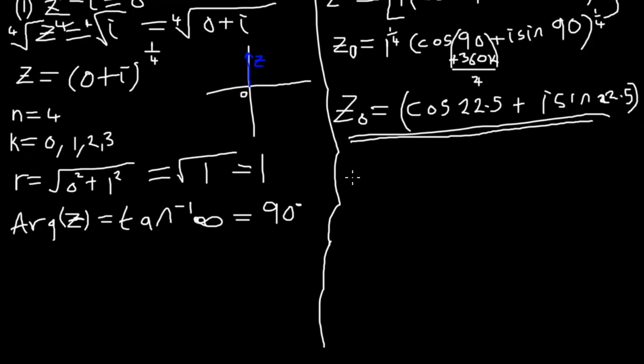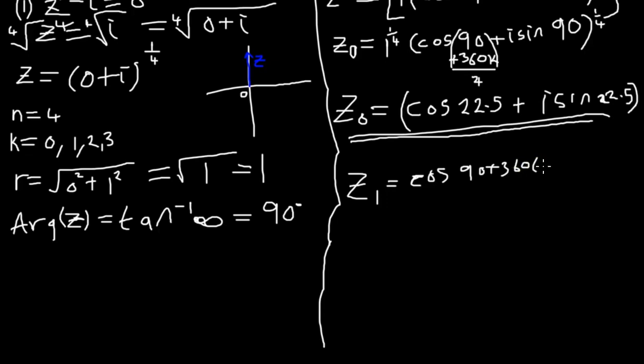So move on to z1. What will change in this one is just the angle, since we know that the magnitude will still be the same. So my z1 is equal to cos, of course my magnitude is equal to 1, which is outside there, and 1 times everything will still give me the same thing, so I'm omitting it here. So cos, this is going to be 90 plus 360.